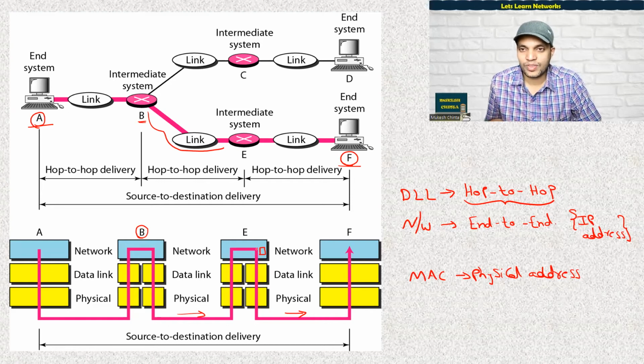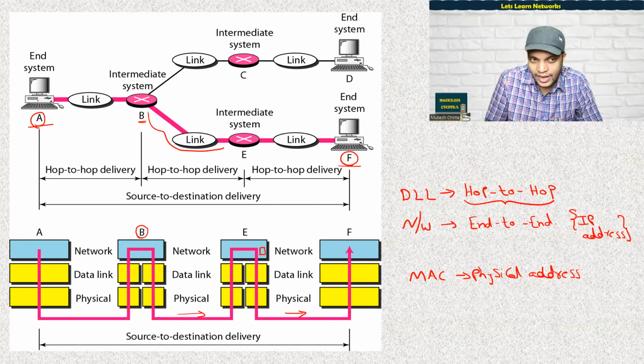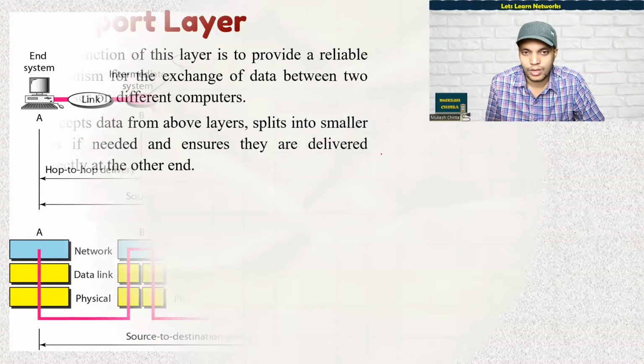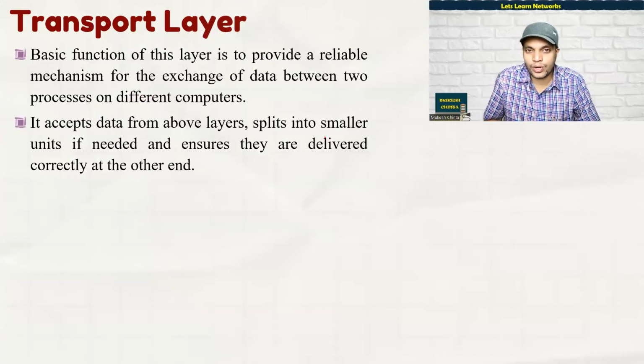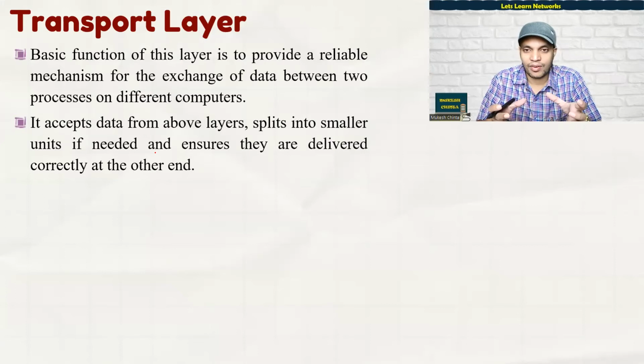Now, what is the duty of the transport layer then? We defined three layers: physical, data link, and network. I told you just how these three layers work together for ensuring the data delivery between A and F. Then what does the transport layer do? The transport layer is called a process to process layer, simply because once the data reaches F, on F you might be having different applications running at the same time.